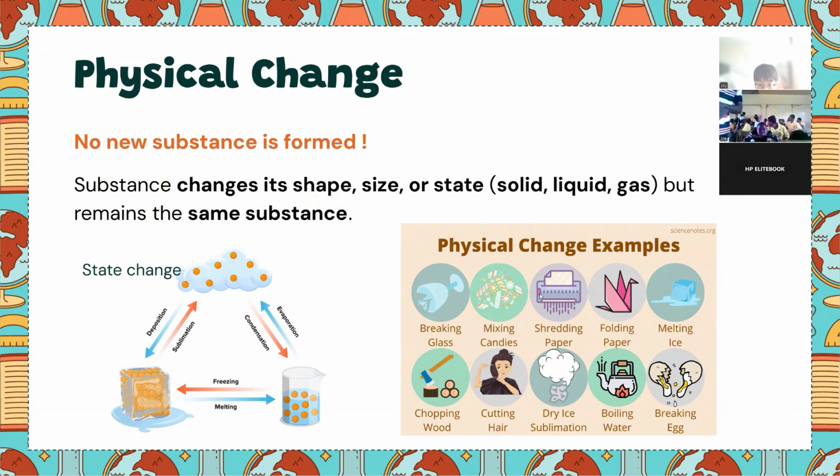So breaking glass, mixing candies, shredding paper, folding paper, melting ice, chopping wood, cutting hair, boiling water, and breaking egg are all examples of physical change. So no new substance is formed during this physical change.